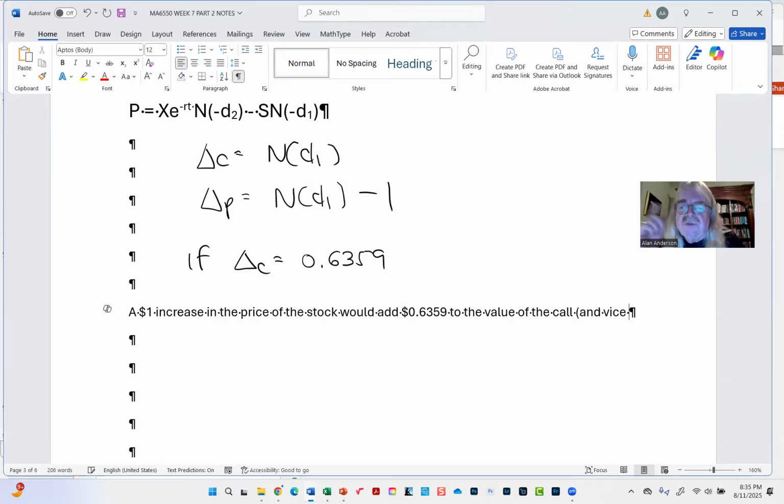In other words, if the stock price goes down $1, then so should the call price by about 63.59 cents. Now the equivalent put, meaning the same strike price, the same maturity date, the same asset.